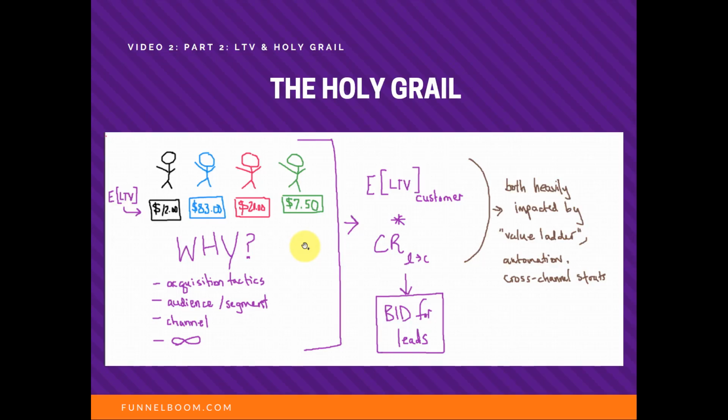Now let's talk about the holy grail of data-driven digital advertising. Now this is, again, overly simplified because we're not trying to get too deep into the math and the Greek of everything that's going on here. But if you were able to access Facebook's data set and you had the data skills to know the expected conversion rate and the expected LTV of every single person on Facebook, given your business and your funnels and your marketing automation, then your life would get a lot easier, right?